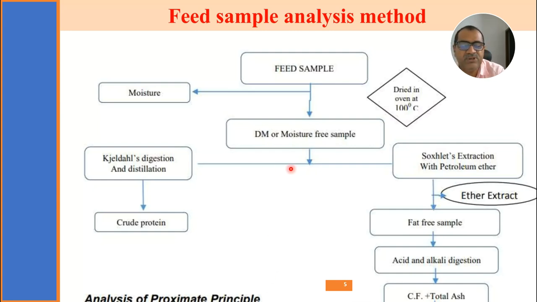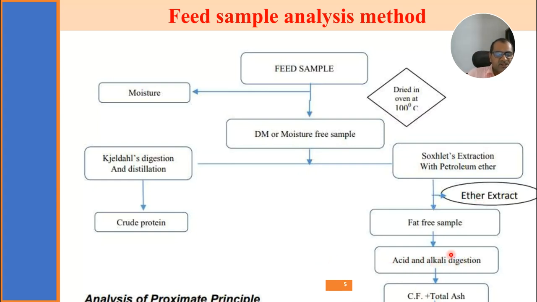Then, the dry matter after drying the moisture is subjected to Soxhlet extraction with petroleum ether, and then the ether extract is available, or a fat-free sample, because the petroleum ether is going to dissolve all the fat in the given sample, so it becomes the fat-free sample.